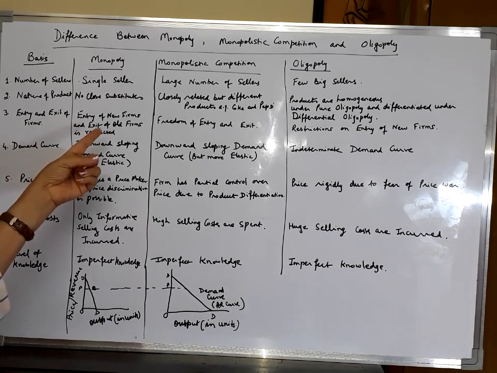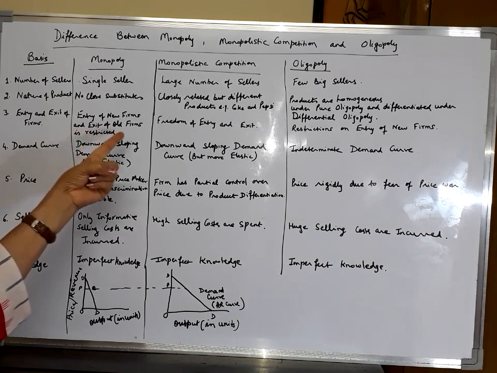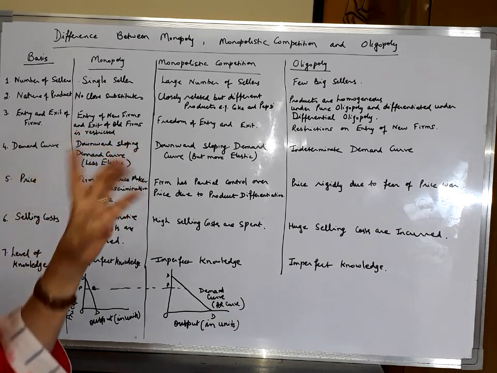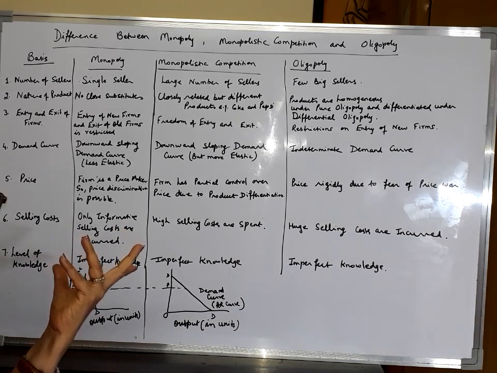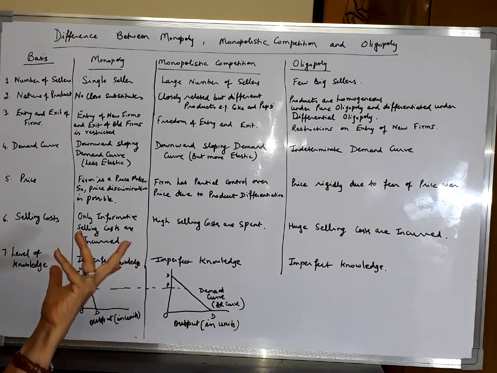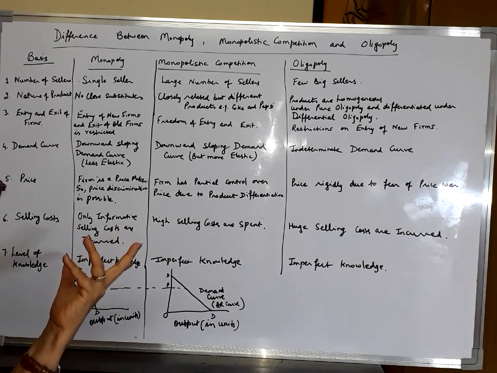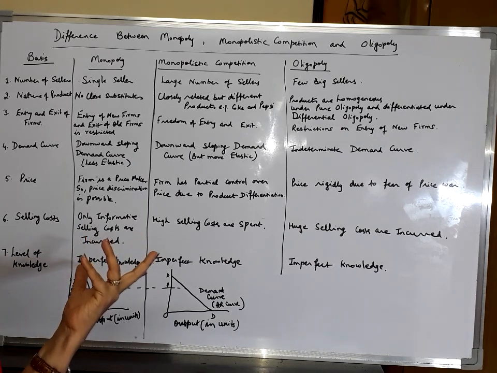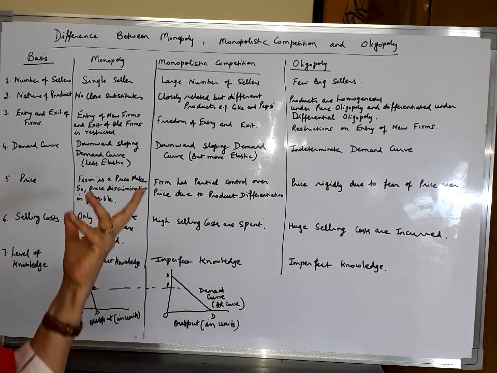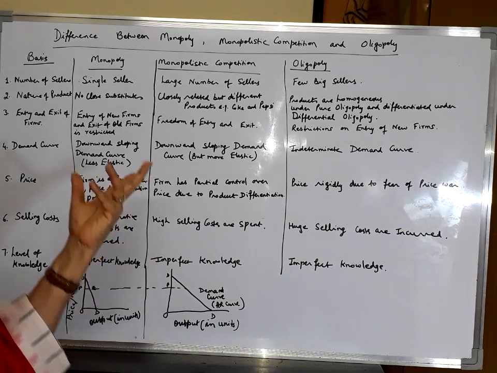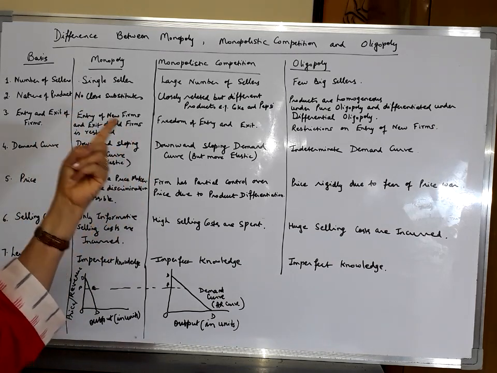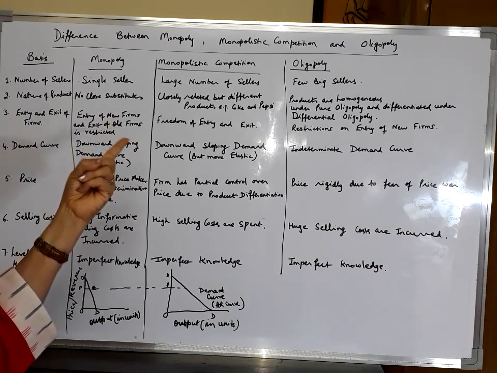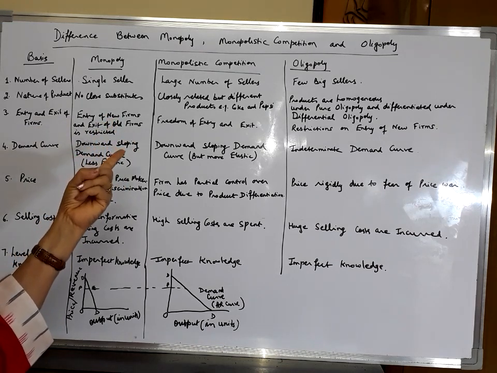Under this feature, under monopoly, we find that entry of new firms and exit of old firms is restricted. There is one single seller, hence he will not allow the entry of a new firm because that will invite competition and he may be forced to reduce the price of his product. As a result, all steps are taken by the monopolist so that he does not allow entry of new firms.